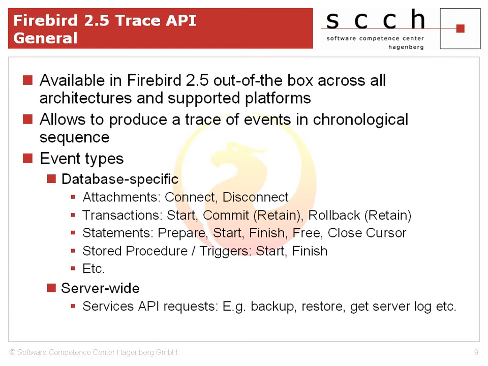The same for stored procedures and triggers, always including the execution plan if you're interested in it, the I/O statistics and more. And another event type is server-wide event types. For instance, if you want to trace when someone backs up your database, or if someone restores the database, you are able to capture this with the server-wide events.